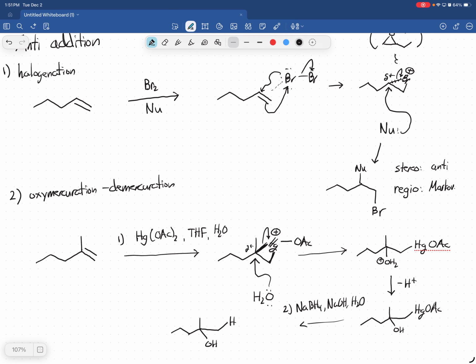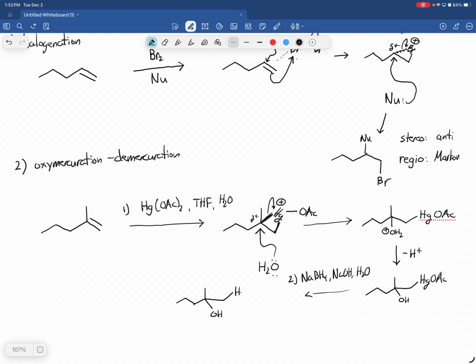It's scrambled. Once we remove the mercury, any stereochemistry that was there is scrambled. So we lost the stereoselectivity there. So not a good route to take.